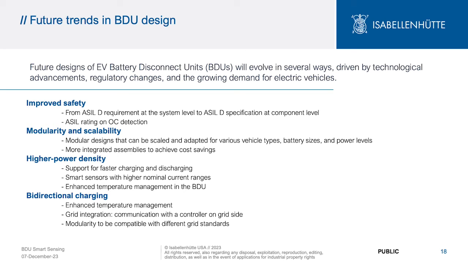And as the grids are very different worldwide with different standards and different frequencies, modularity again is a topic here to be compatible with different grid standards all over the planet. So these are the 4 trends that we see.